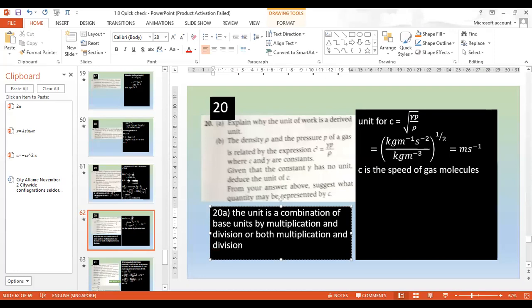So you have multiplication, you have division. I think you put it here easier, both multiplication and division, rather than add extra in. That's all.